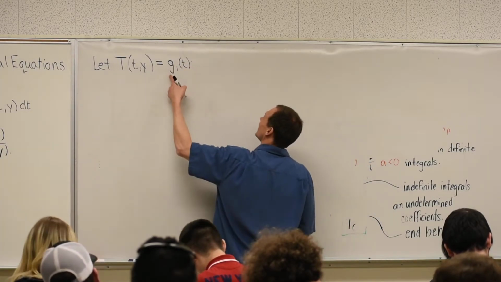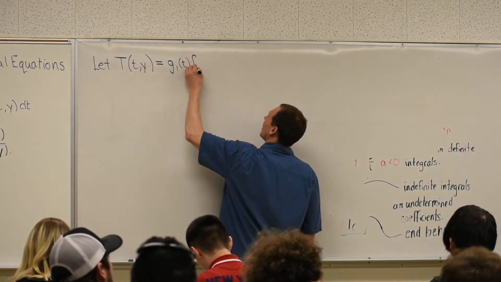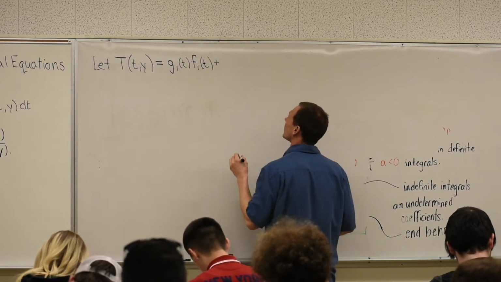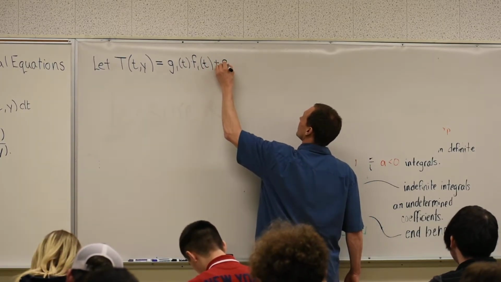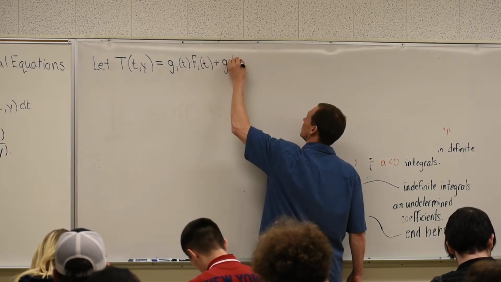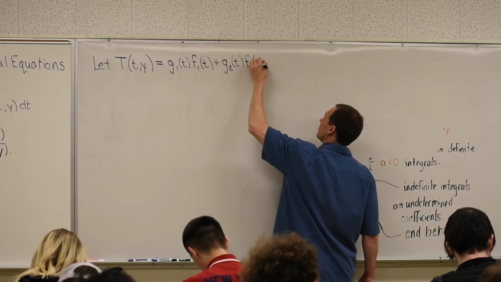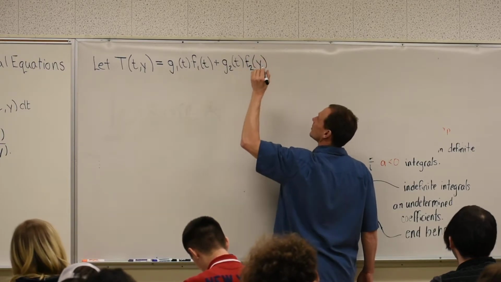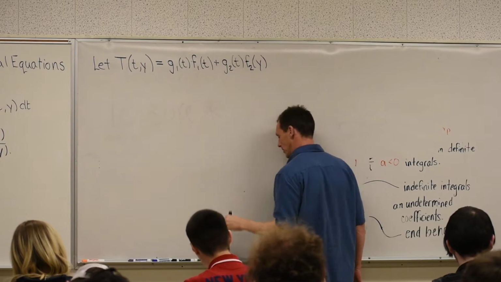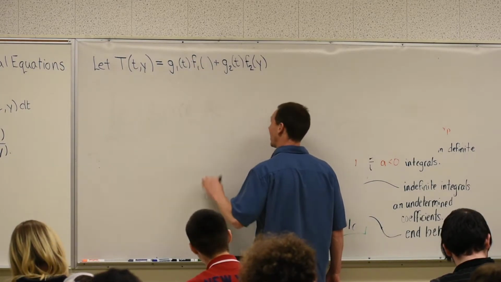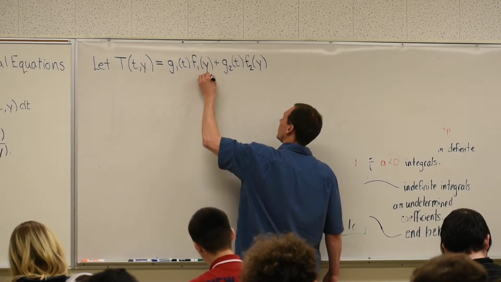So G1 of t, F1 of y, plus G2 of t, F2 of y. Oh, that's a y. Goodness gracious sakes, y. I'd be at it all night unraveling that.